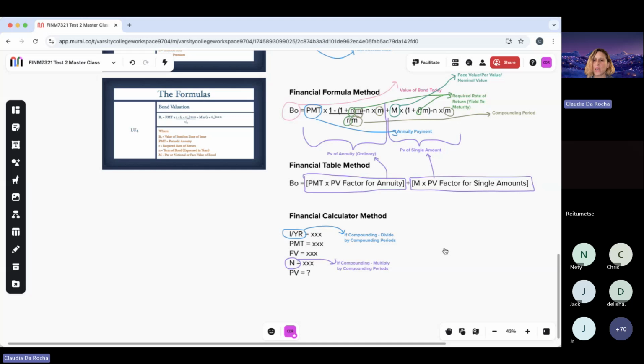Okay, there is a question by Mark. Difference between bond valuation calculation and YTM will be the X and divide by M periodic time period. So when you're calculating the value of your bond, you use the formula.